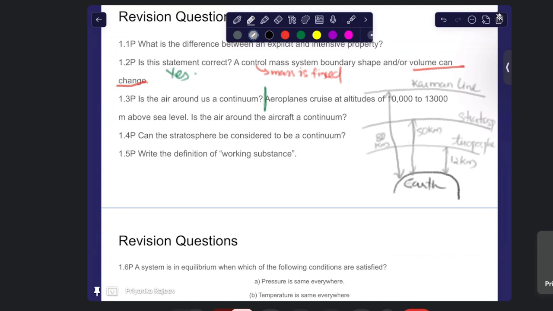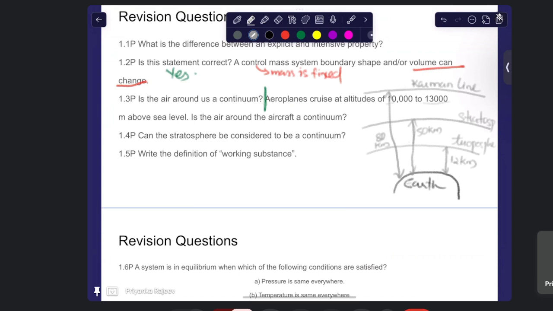Now you can see that we live in the troposphere. Normally aeroplanes also cruise around 10 to 13 kilometer. That means approximately inside the troposphere aeroplanes are moving.